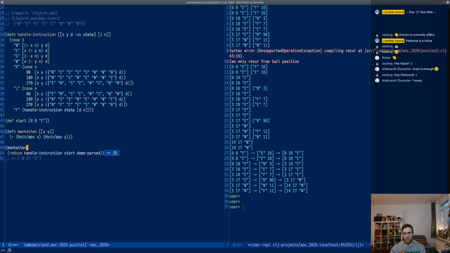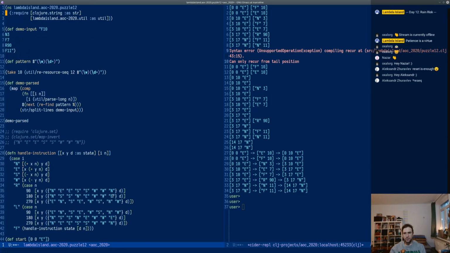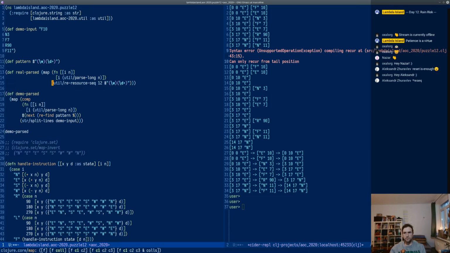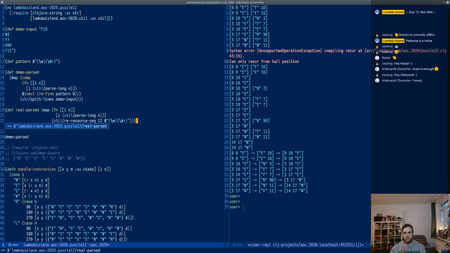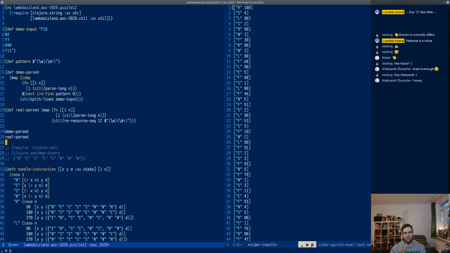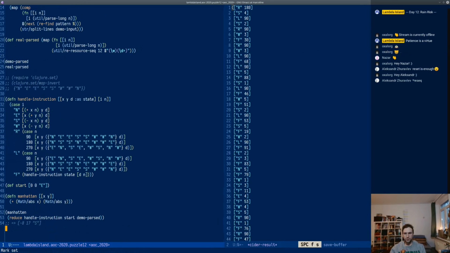Manhattan 25, and that is what we expect. If we do the same now for real parsed, yep, looks good.